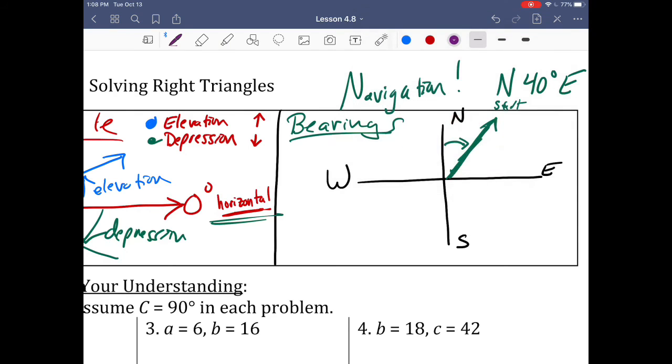And you could also have something like south 70 degrees west, which would be starting south and turning 70 degrees to the west. And so this angle would be 40.